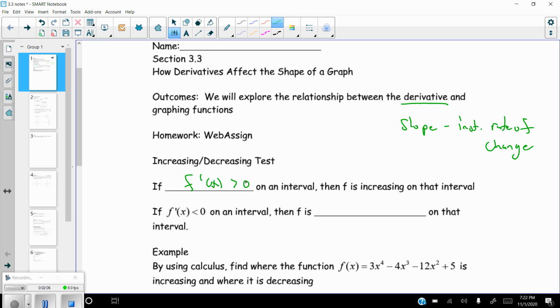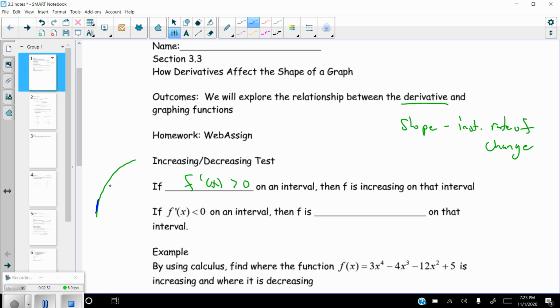If f prime, which is your slope, is greater than 0, that means your slopes are going to be like 2 or 7 or 15 or whatever they are, but they're positive values. If a slope is positive, think about it graphically. Slope's positive, that means the function is going up. It is increasing.